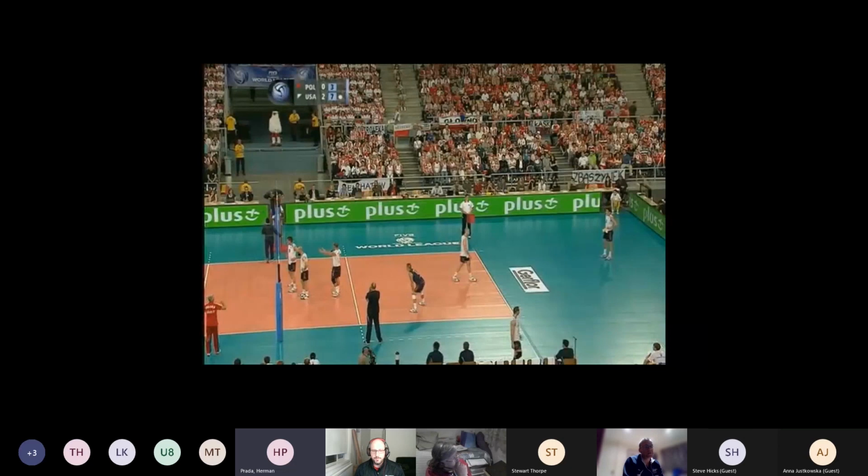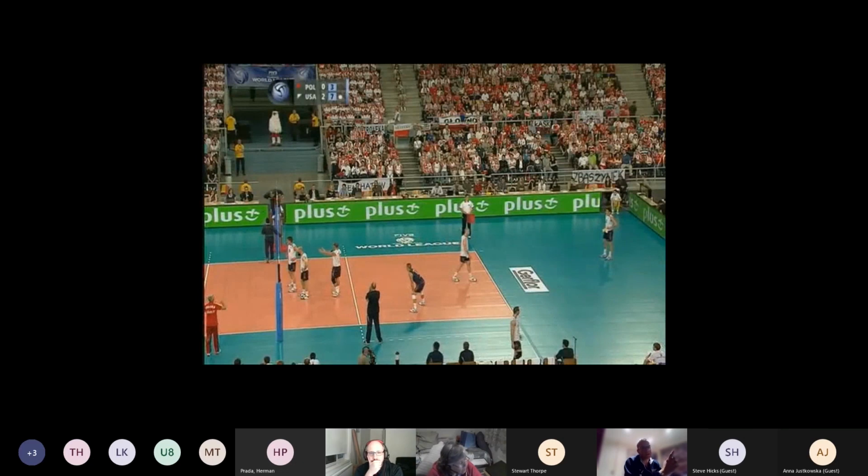Absolutely. So in this situation, you've got a decision to make as the first referee as to whether you believe the block touched the ball first, in which case the play is legal and you just allow it to continue, or whether the contact is simultaneous.